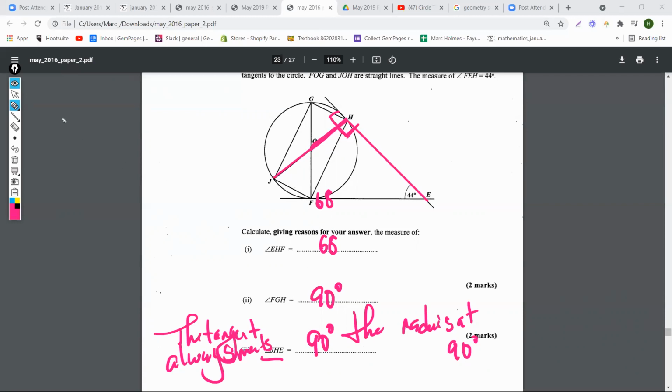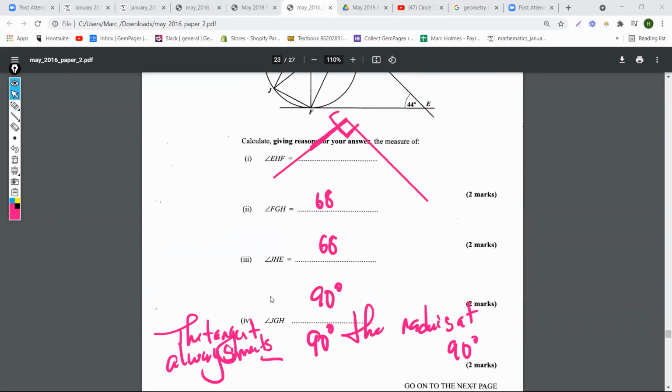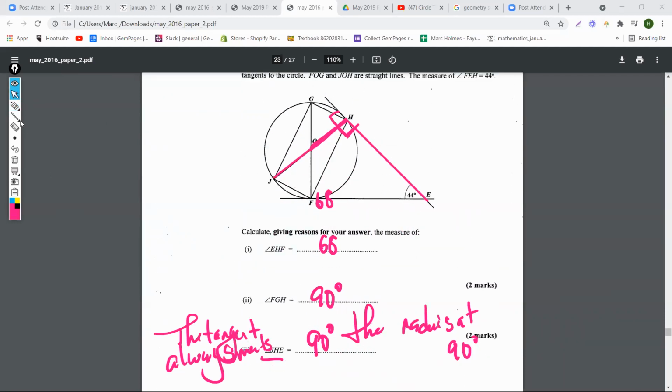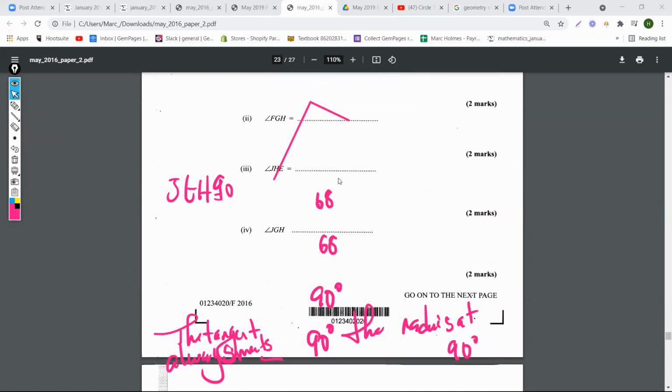And in the last one now, it says JGH. So let's look at that, J to G to H. This one is so obvious to see that that's 90 degrees still. What would be my reasoning for that one though? I would say angles in a semicircle still.